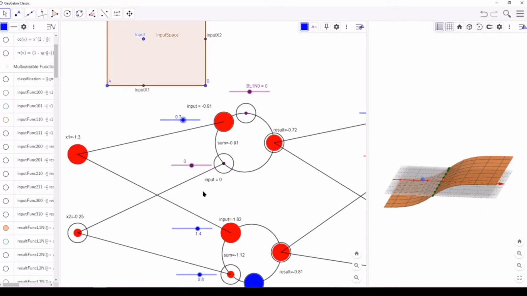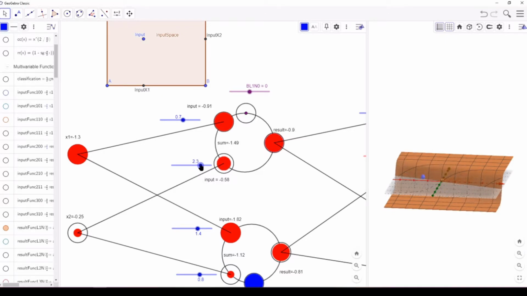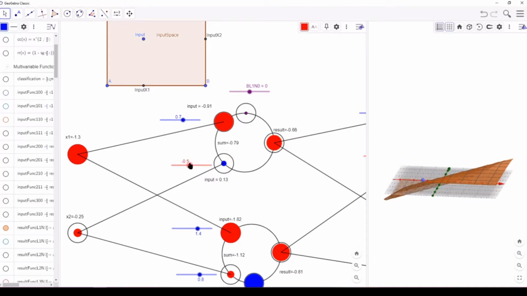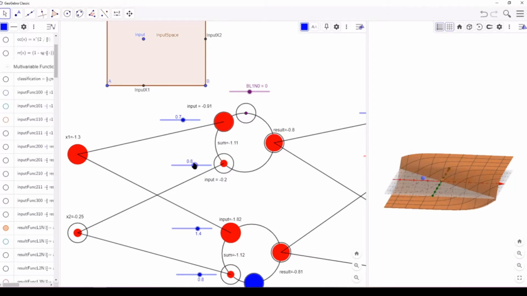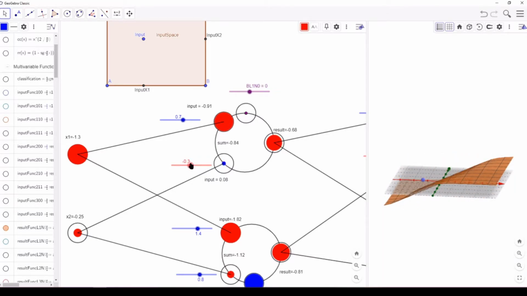And considering also this weight, so making it non-zero, there we can see that it turns the function we got.